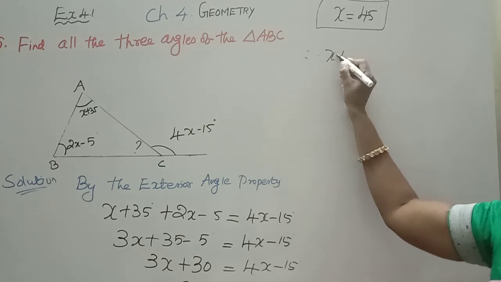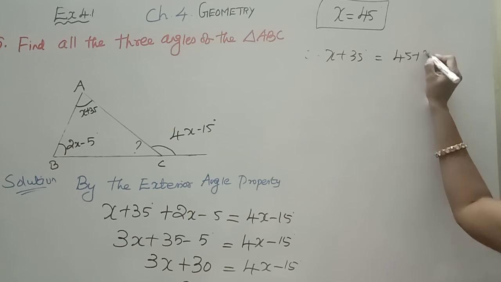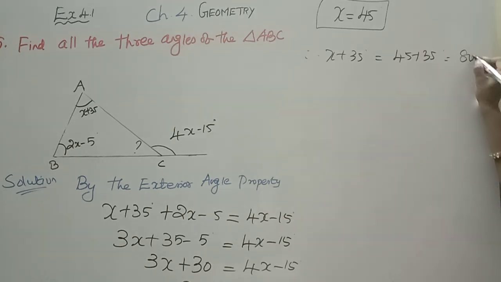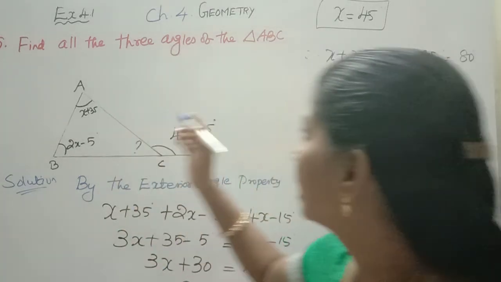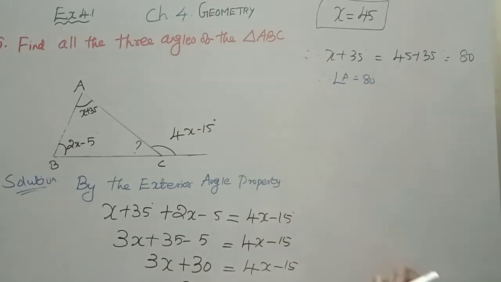Therefore, x plus 35 means 45 plus 35 equal to 80 degrees. So angle A equals 80 degrees.